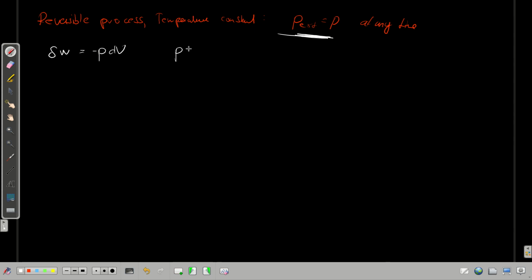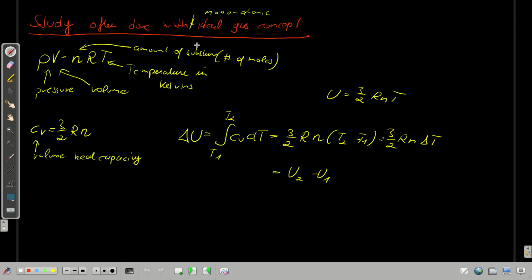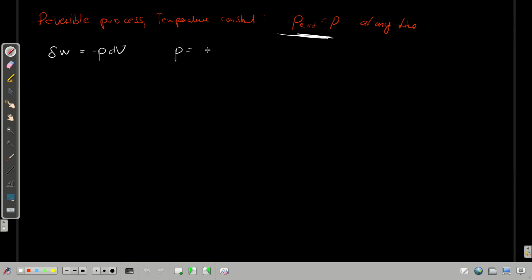And as we have stated on the slide before, P can be expressed as nRT divided by V.